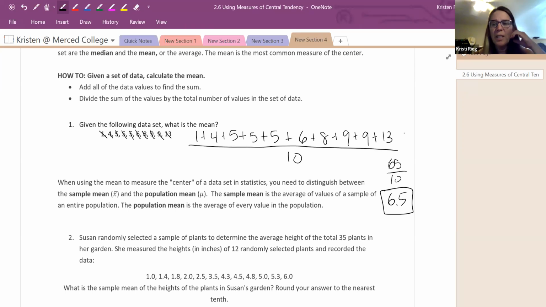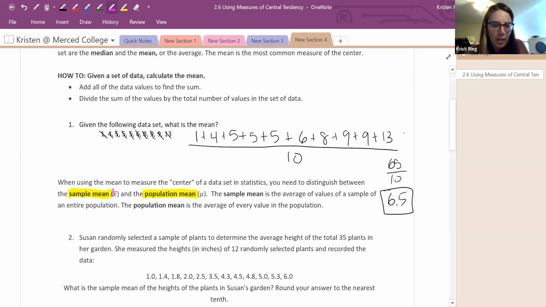Now, something you're going to see a little bit in the homework, and this will become huge in the next unit after the test, but right now we're just practicing the words. You're going to see sample, which we've talked about. So we'll have sample mean and population mean, and they have their own symbols.